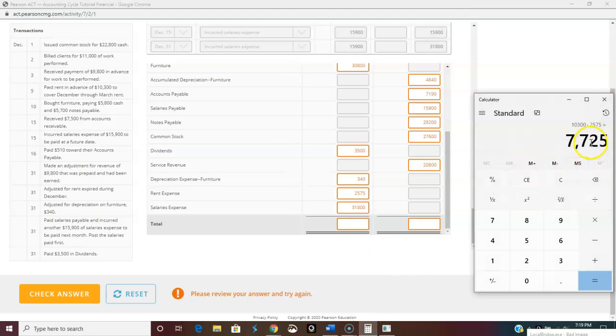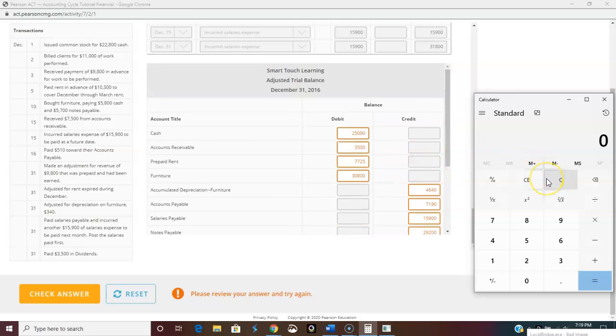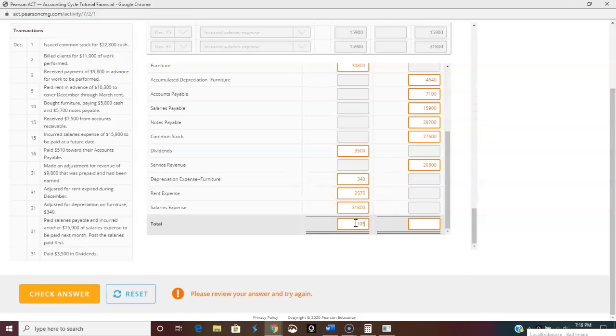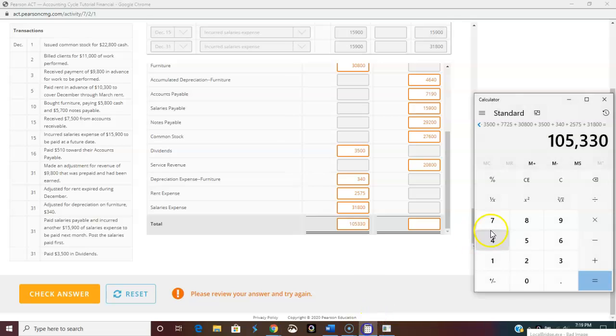So let us give this a shot and see if it works. $25,090 plus $3,500 plus $77.25 plus $30,800 plus $3,500 plus $340, $25.75 plus $31.08 equals $105,330. Yes.